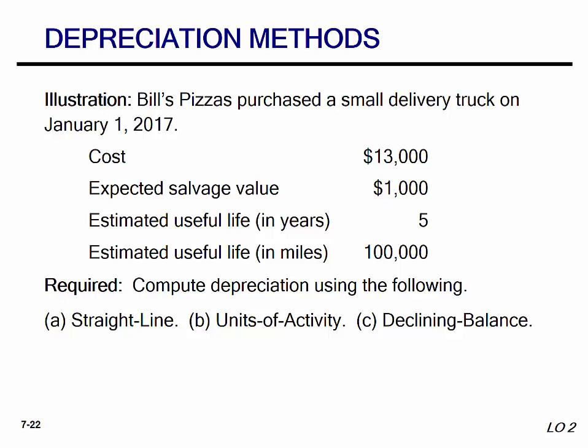We also need to grab the salvage value. The expected salvage value for our particular asset here is the $1,000. So we're going to grab those two numbers because we've got to calculate what is called depreciable cost. Okay, so this is another term with the word cost in it. Historical cost is one thing, depreciable cost is something else.